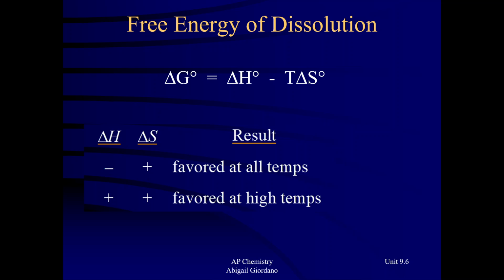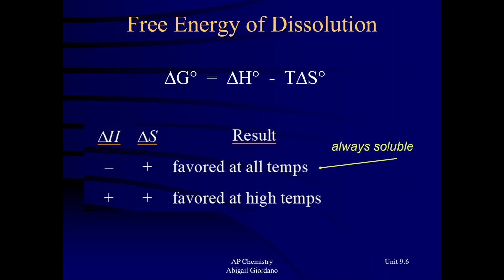If all three steps added together overall end up being exothermic, then we're dealing with a solute that will always be soluble. These are salts that in our solubility rules would be described as soluble. They're soluble because an exothermic delta H and a positive delta S, when we plug it into that equation above, no matter what the temperature is, will always give us a negative delta G. And that's what really determines whether a salt is soluble or not.